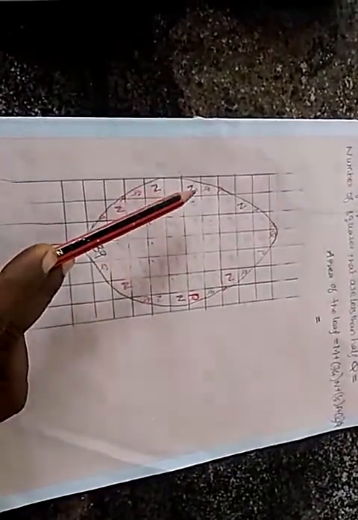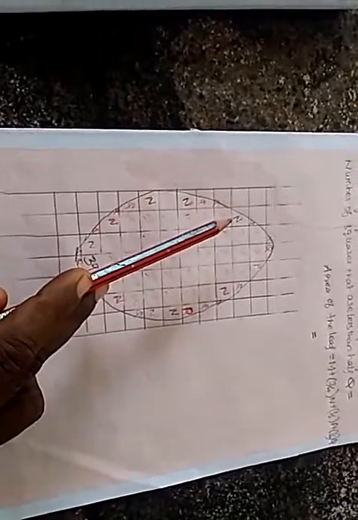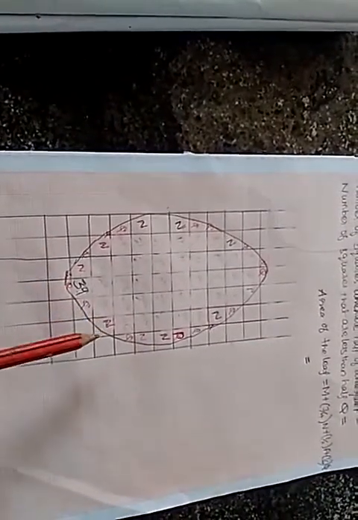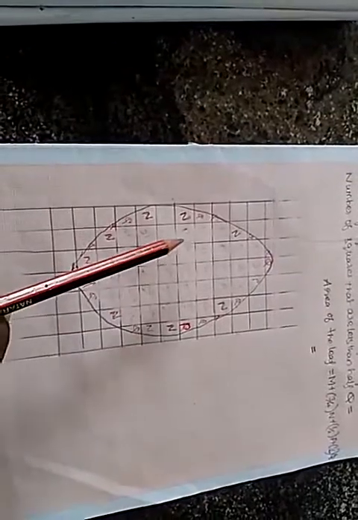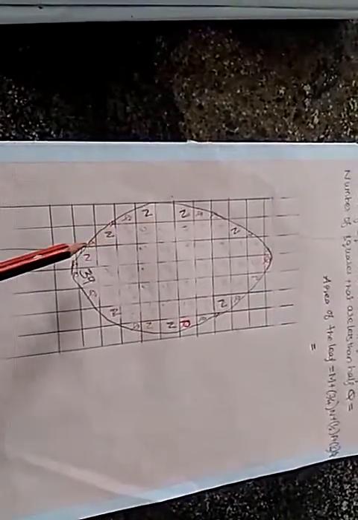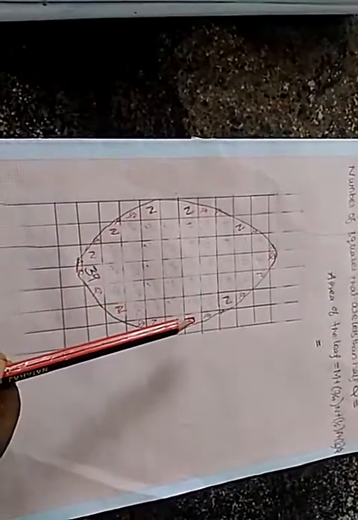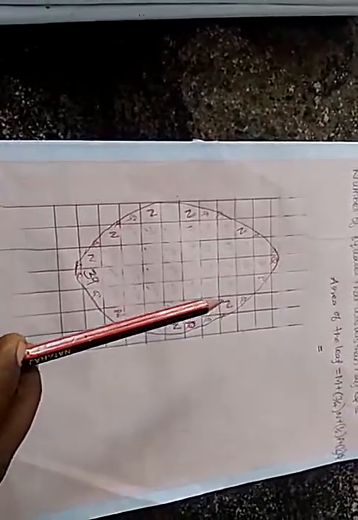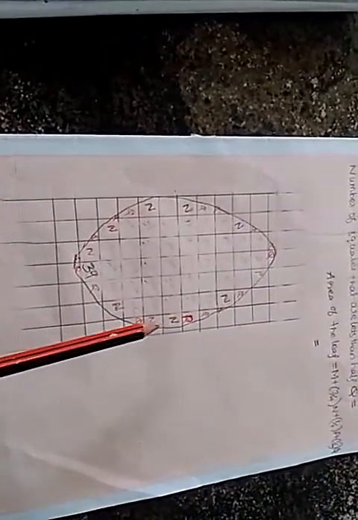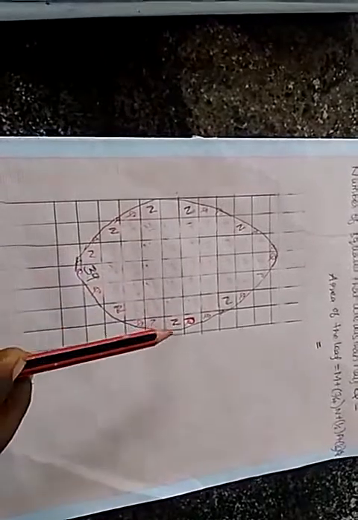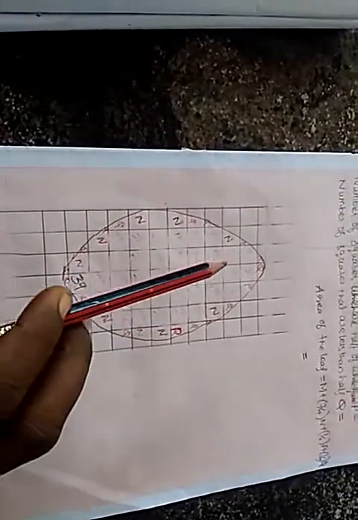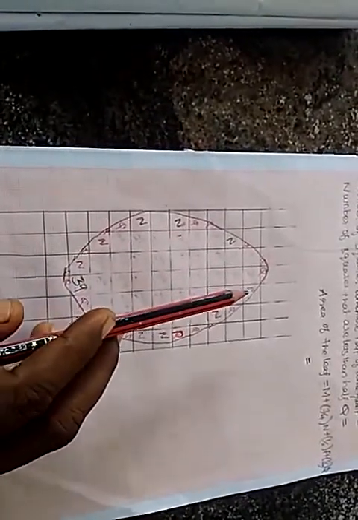Here we count n. Here n is 8. 8 boxes have more than half. Then the number of squares which are half of a whole square is denoted p. Here we see 1, 2.